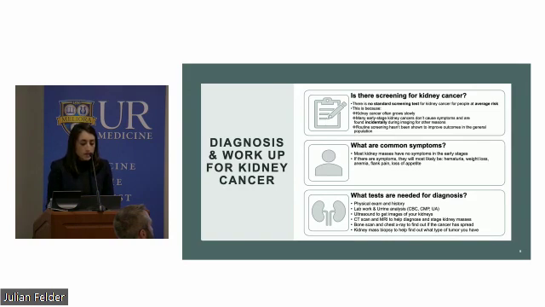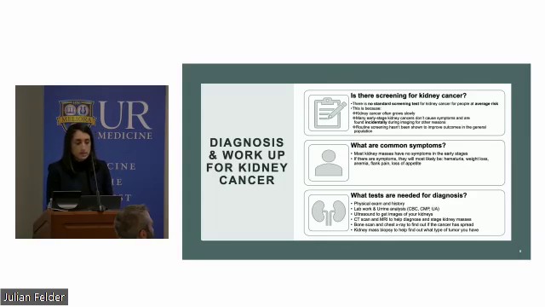When we think about what kind of tests we would do to work up a diagnosis, the first step would be going to your doctor to get a better history and physical exam. We'd oftentimes check your blood counts, check what we call a comprehensive metabolic panel, which checks your kidney function, and also check a urine analysis.